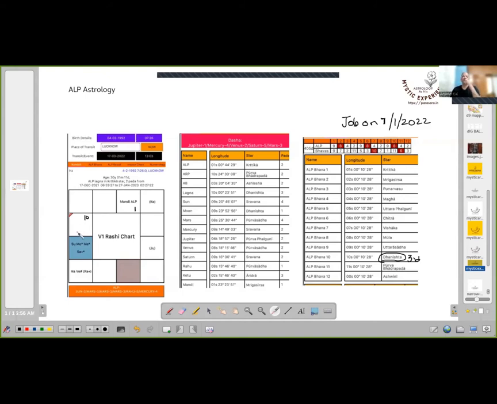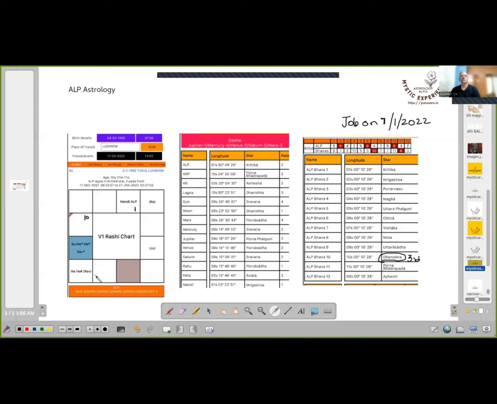And it fits perfectly, because if you look at the second house of income, it is the 12th, indicating abroad income. And if you look at the sixth house, the sixth from ALP's lagna, which is service, that is also in the 11th.